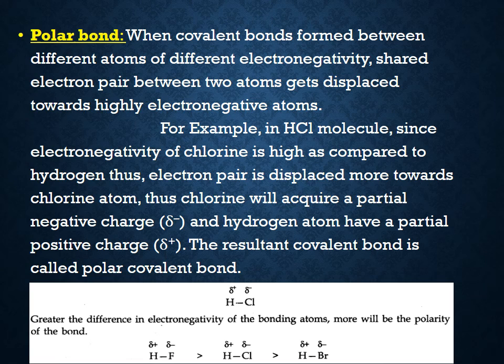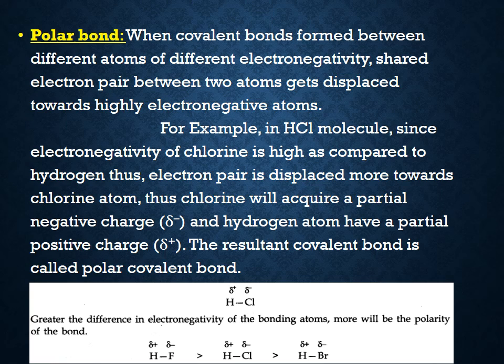For example, in the HCl molecule, since the electronegativity of chlorine is high as compared to the hydrogen atom, the electron pair is displaced more towards the chlorine atom. Thus chlorine will acquire a partial negative charge and the hydrogen atom a partial positive charge. The resultant covalent bond is called a polar covalent bond.